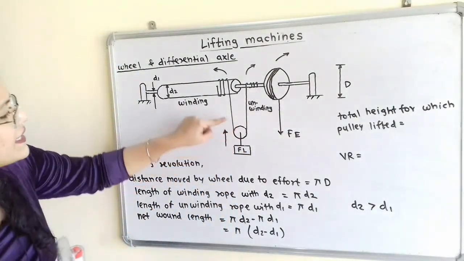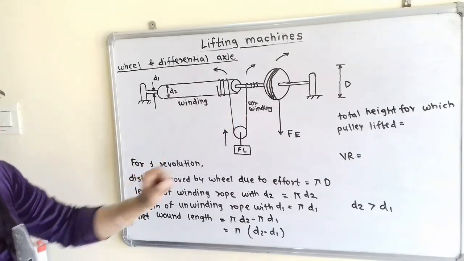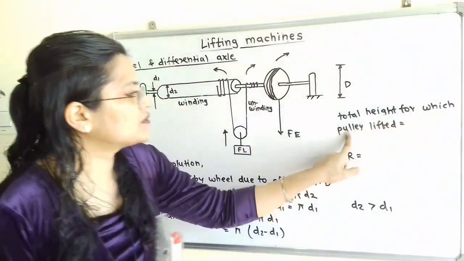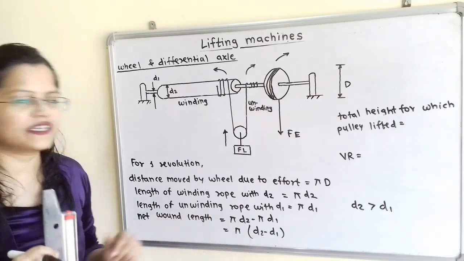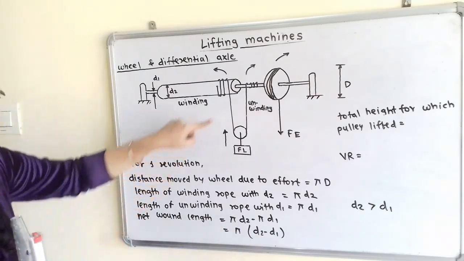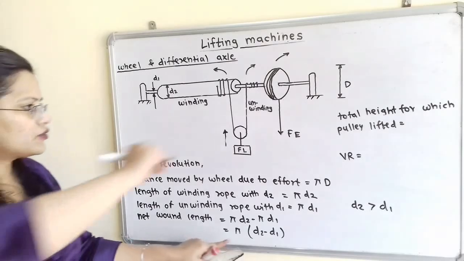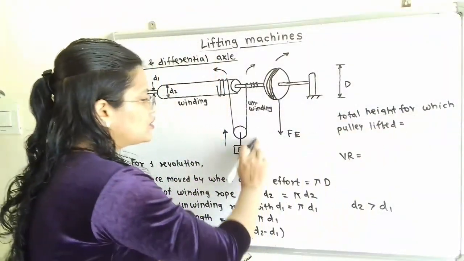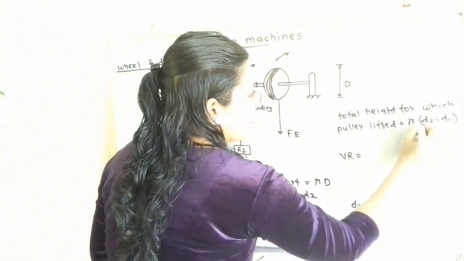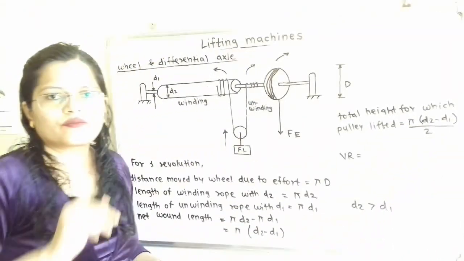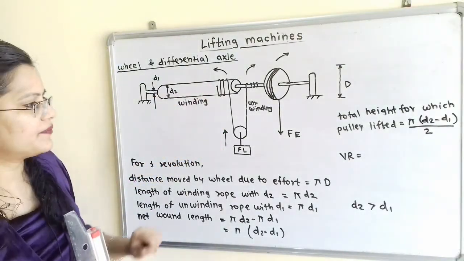But this pulley is placed in between these two ropes. So what is the total height for which the pulley is lifted? That is equal to net wound length divided by 2, because the load is placed in between these two ropes. So I will write total height for which pulley is lifted: pi into d2 minus d1, divided by 2. So that is the total length for which the load is lifted.